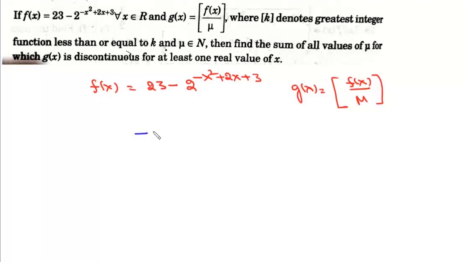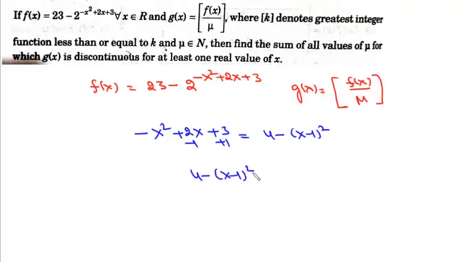Now if we look at this, minus x square plus 2x plus 3, what we'll do is we'll subtract 1 and add 1. So we can write this as 4 minus (x minus 1) whole square. Now 4 minus (x minus 1) whole square is always greater than minus infinity and will always be less than or equal to 4. Now if we take power of 2, then it will be 2 to the power minus infinity, and this is 2 to the power 4 minus (x minus 1) square, it will be less than 2 to the power 4.